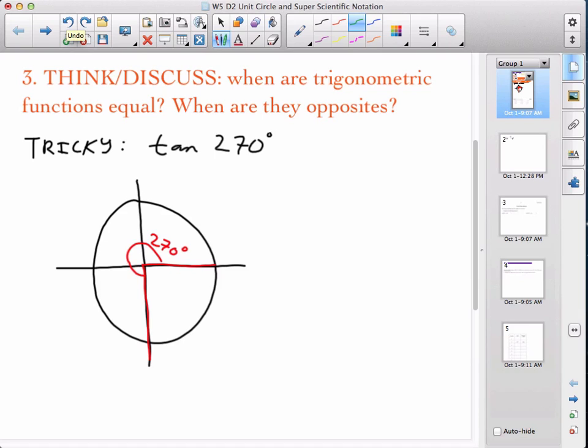So then I tried to imagine that angle as a right triangle. If you had a right triangle in the third quadrant, just draw any right triangle in the third quadrant that has a vertex on the unit circle.